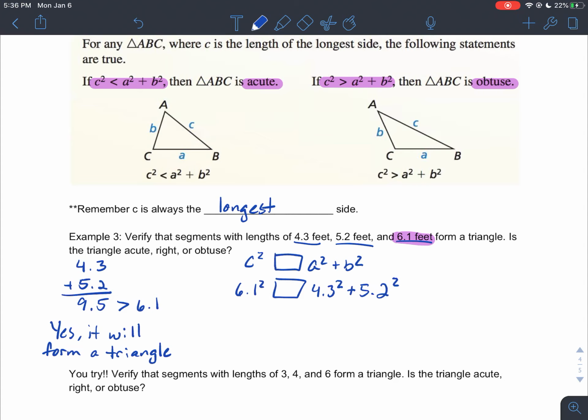So 6.1 squared is 37.21. Again, I don't know what's going to go in there. 4.3 squared is 18.49. And 5.2 squared is 27.04.